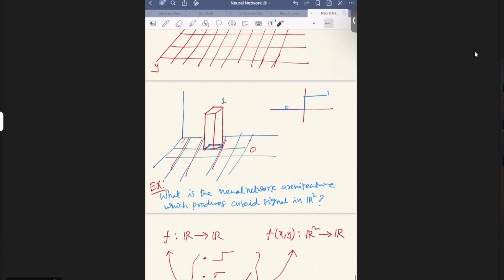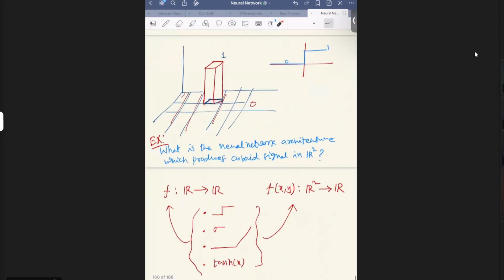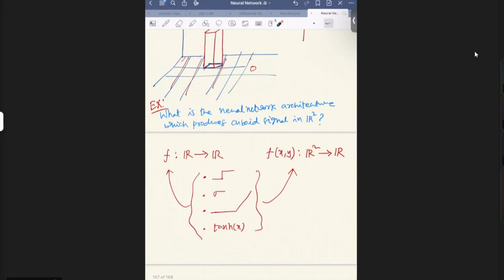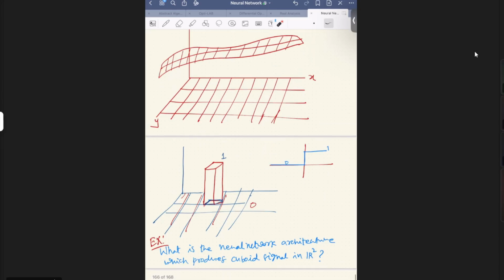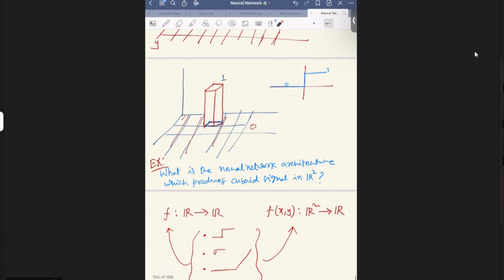Okay, with this, there are a lot of things to talk about, but I don't think the time for this neural network course is sufficient to cover all those things. I am trying to extend whatever I know up to the level I can do for you.